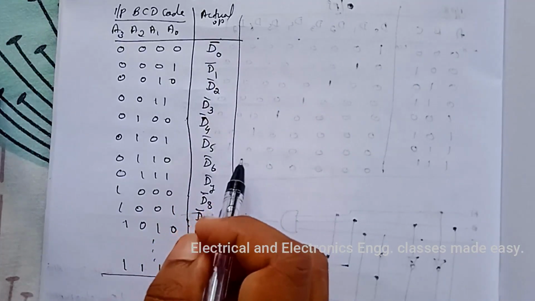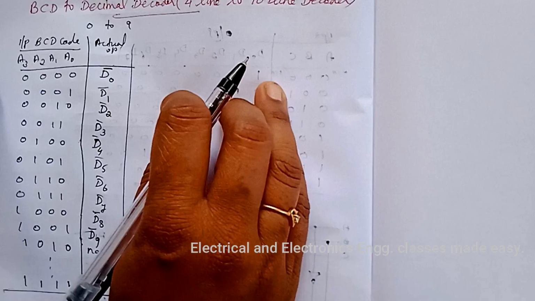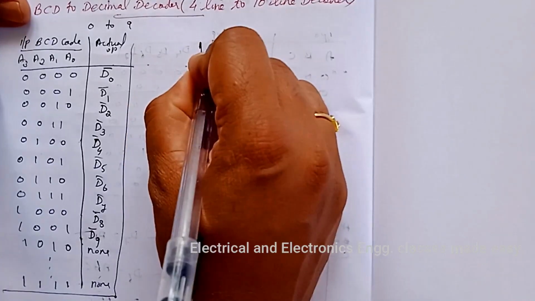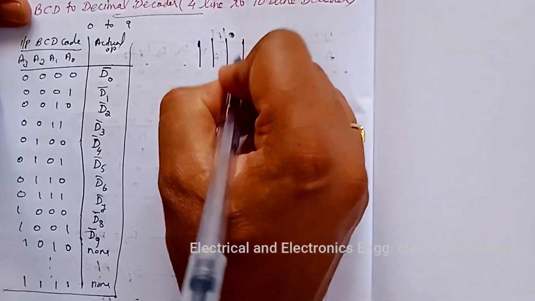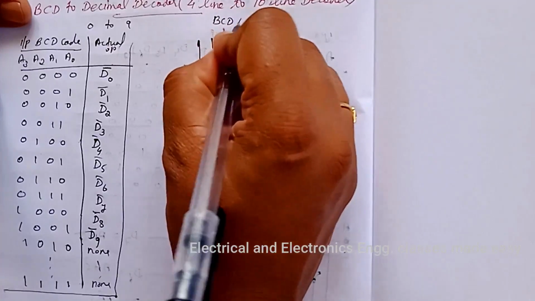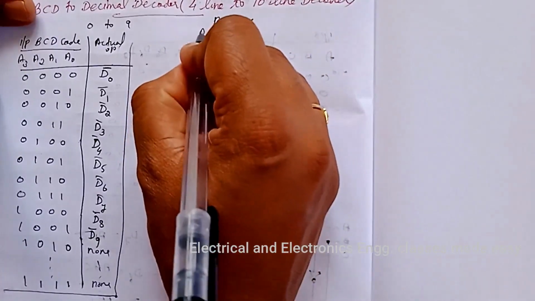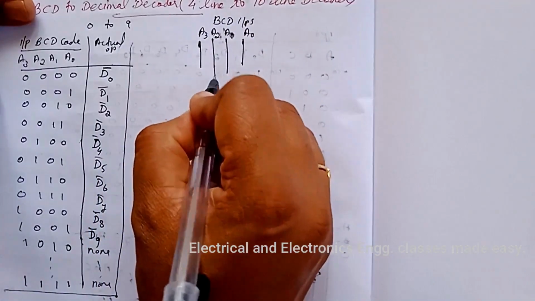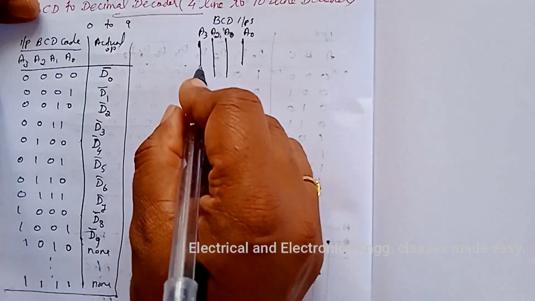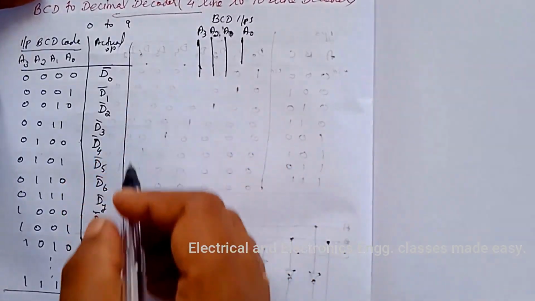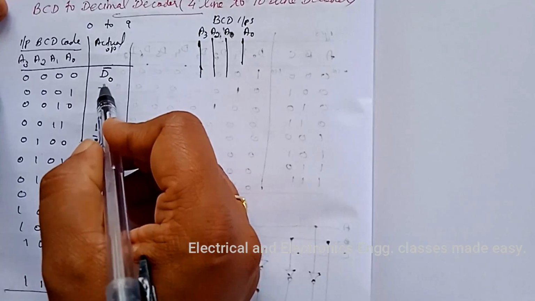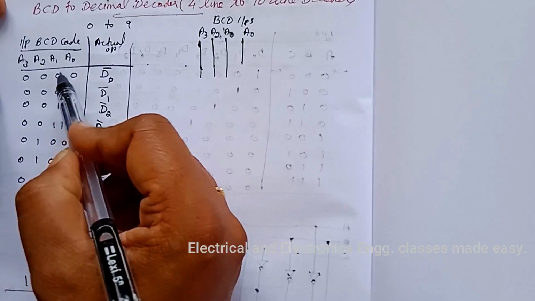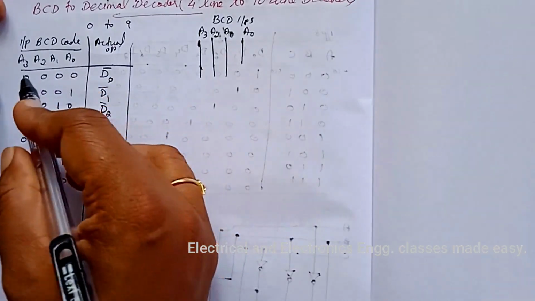Now we have to draw the logic diagram. To draw the logic diagram, first of all draw the 4 BCD inputs, A3, A2, A1, A0, and the first one is D0 bar. For D0 bar, A3 bar, A2 bar, A1 bar, A0 bar, whole bar is needed.